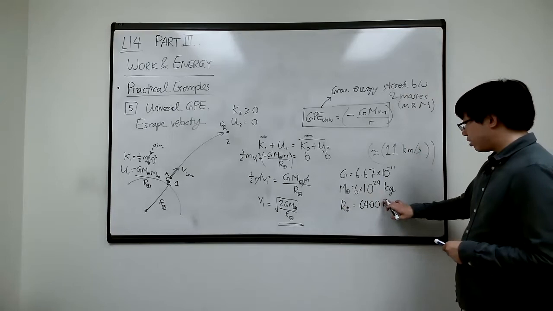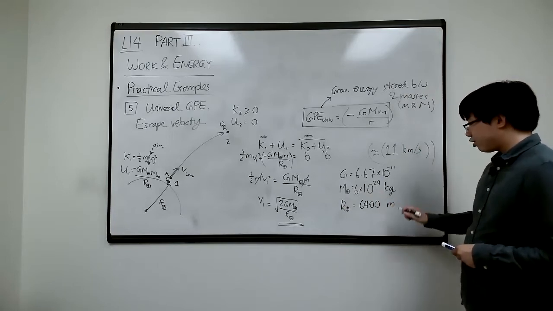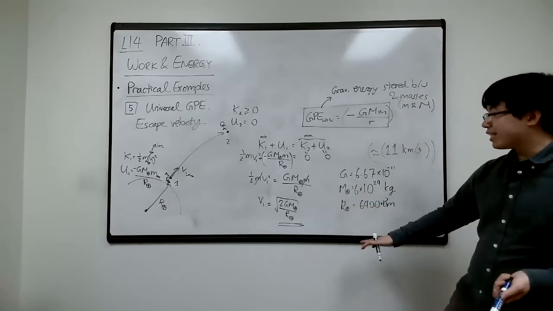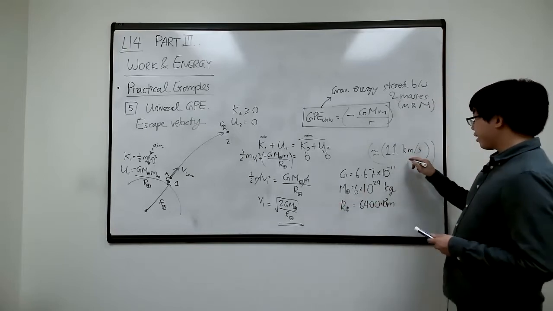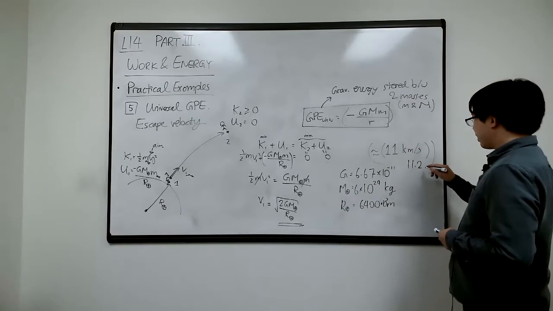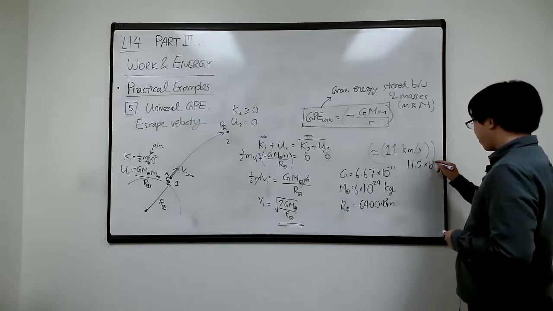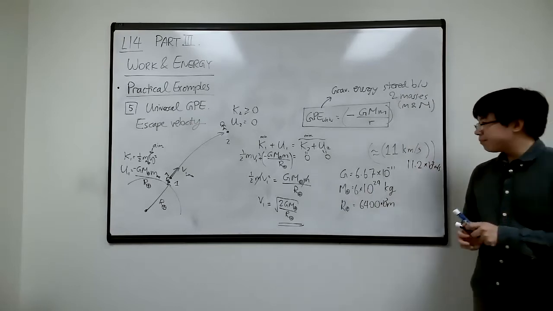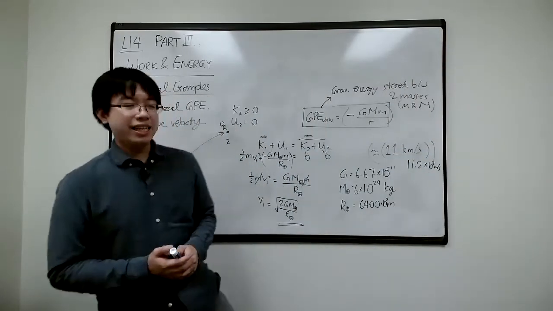Change that to meters, so times 10 to the power of 3. Now everything is in standard SI units. Plug this in, and I think you should get around 11.2 times 10 to the power of 3 meters per second. So that would be 11 kilometers per second. See if you can calculate that.